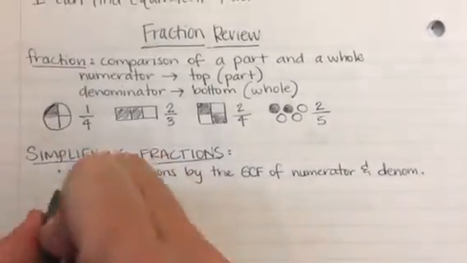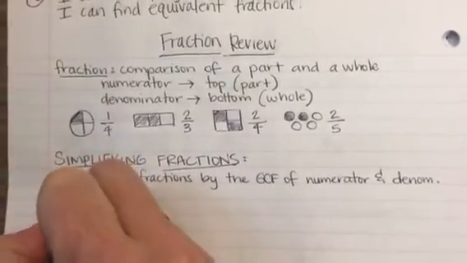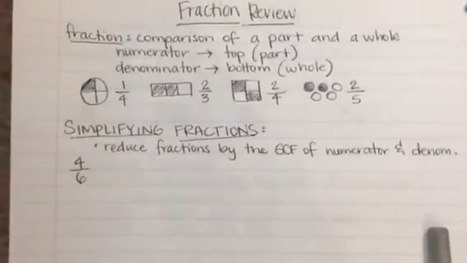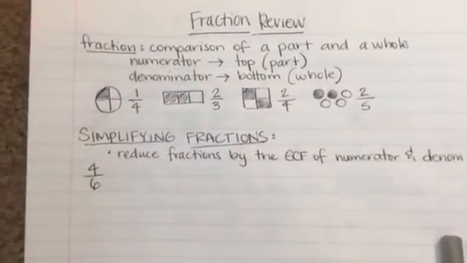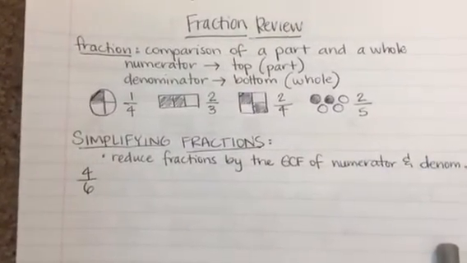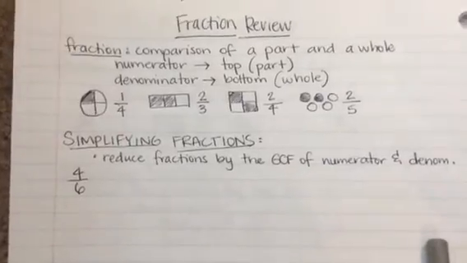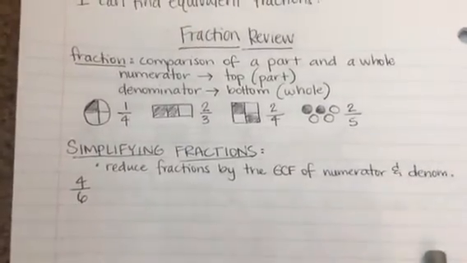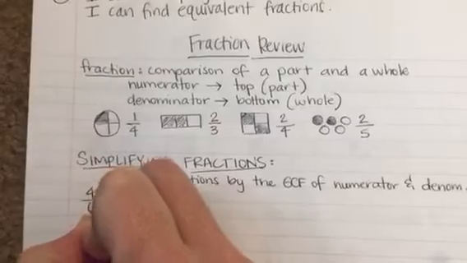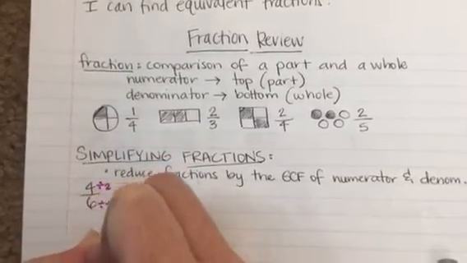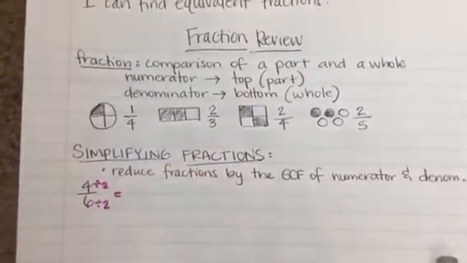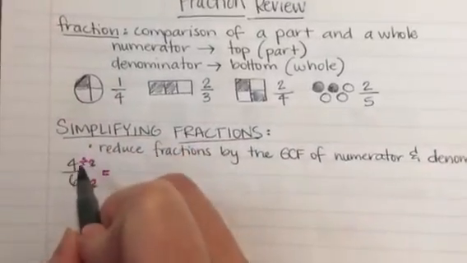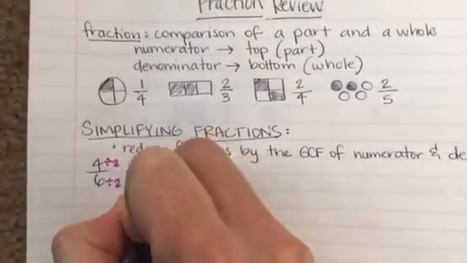So we typically start with a real easy one. So if I give you this one, 4 and 6, or 4 out of 6. Most students are pretty well aware that 4 and 6 share a common factor of 2. So if I divide the top by 2, 4 divided by 2, that gives me 2.